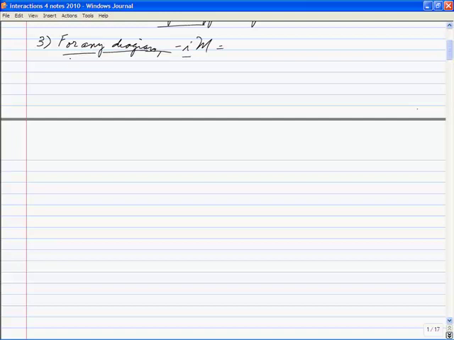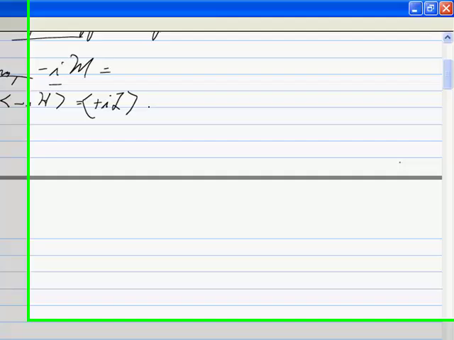At each vertex, there's a factor of minus i Hamiltonian matrix element, or plus i Lagrangian matrix element, which is general phrasing.